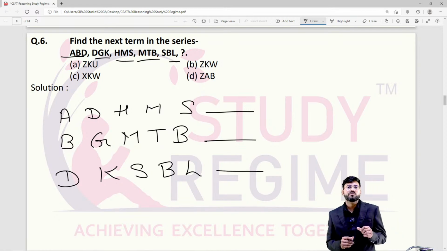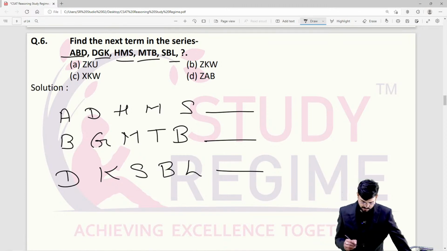I have broken this question into 3 series: A, D, H, M, S. The second one is B, G, M, T, B. The last one is D, K, S, B, L. Okay. Let us find what will be the next term.